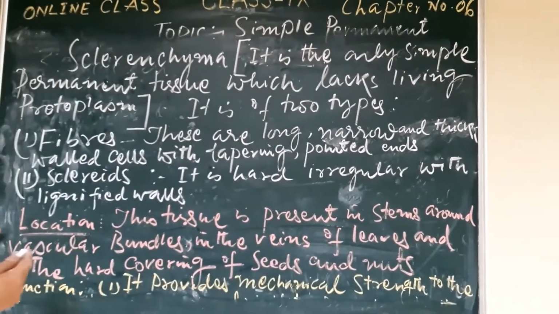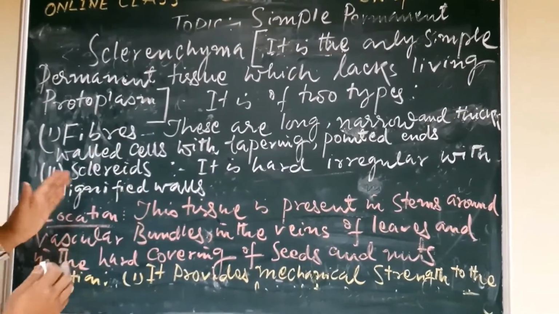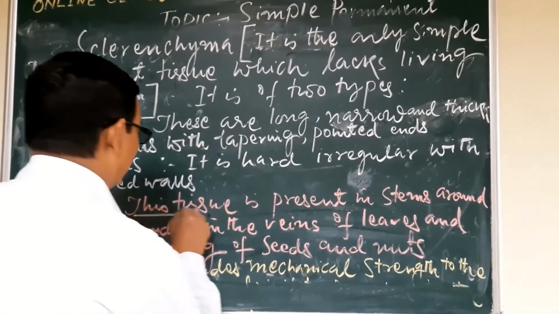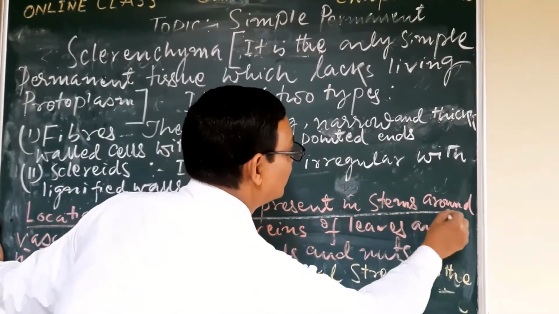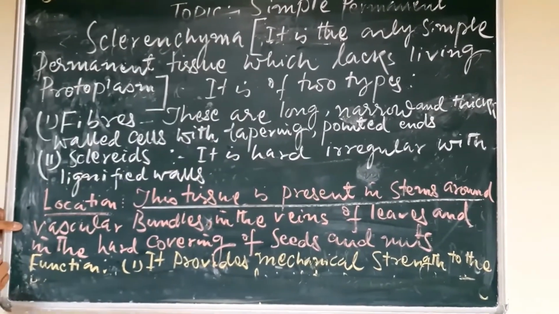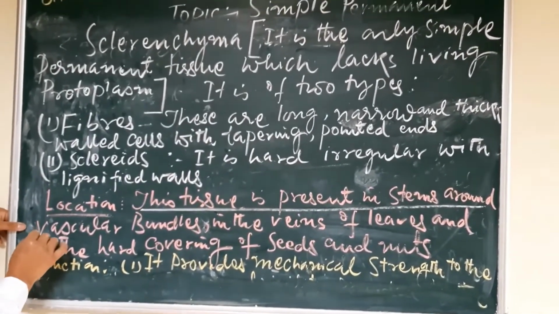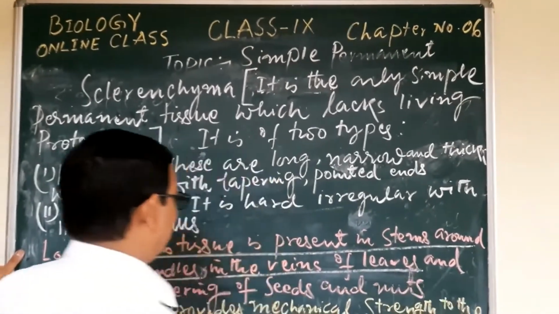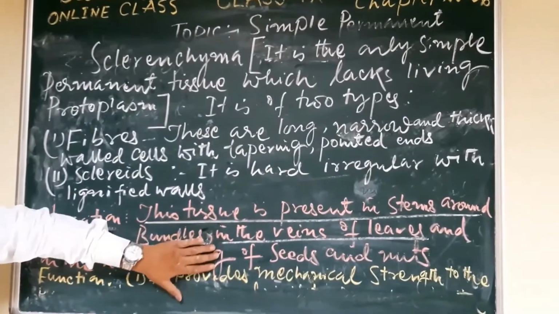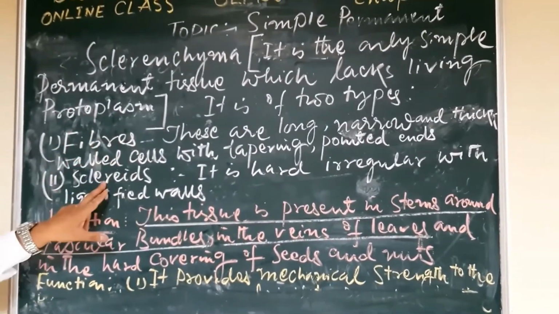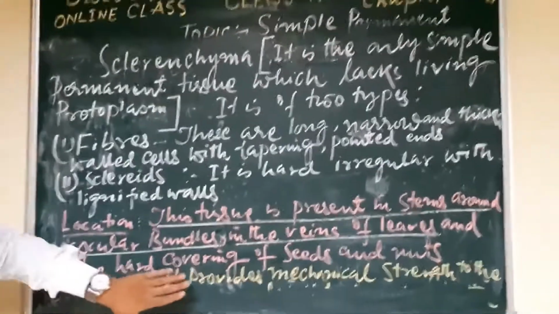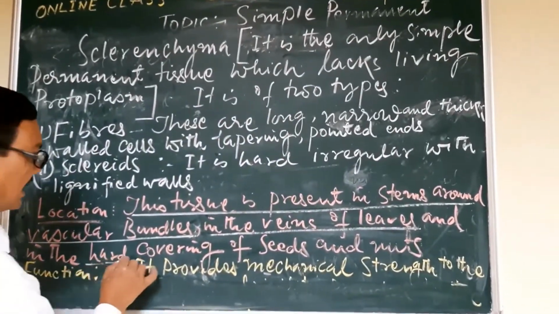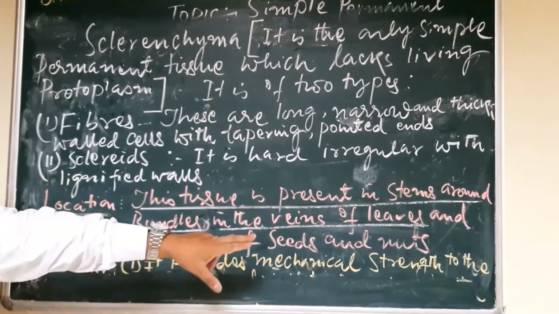When you categorize the locations of the fibers and sclereids, note the presence of this tissue in the stems around the vascular bundles and in the veins of leaves, which I have underlined here. These are the locations of the fibers. What I didn't underline is the location of sclereids, that is the hard covering of seeds and nuts.